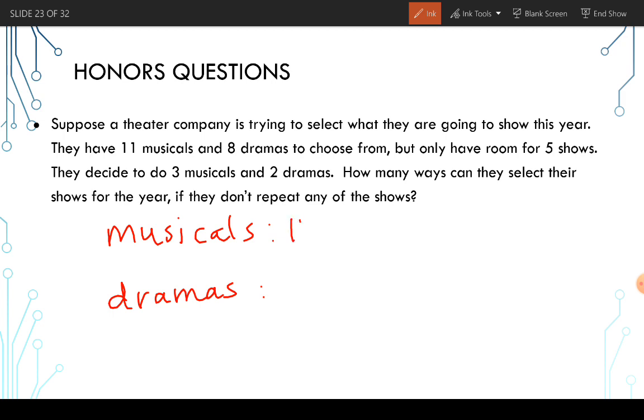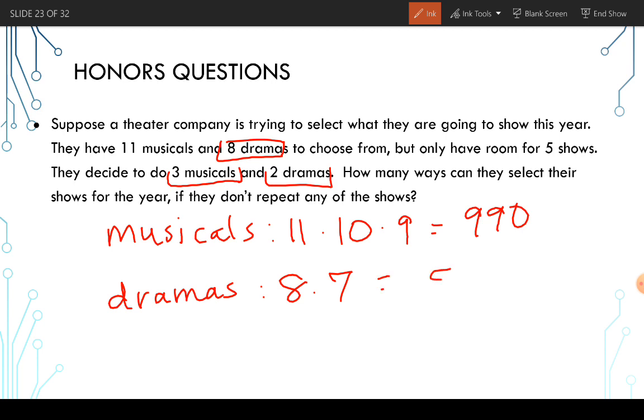So we'll have 11 first times 10 times 9. We stop at 3 numbers because there's 3 musicals. With the dramas, we have 2 dramas. In our dramas, we have 8 to choose from there. So we're going to start at 8 and then go to 7. We stop at 2 values, 8 and 7, because there are 2 dramas. Let's multiply these together, 990 and 56.